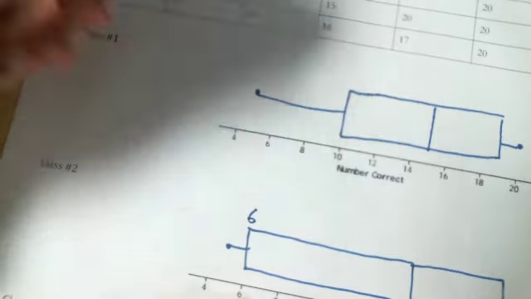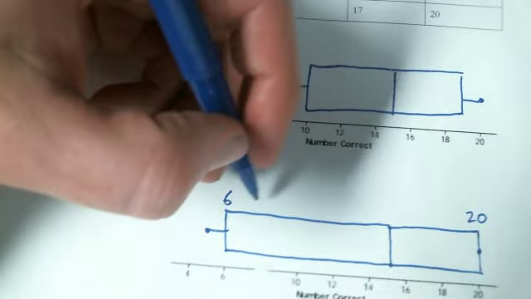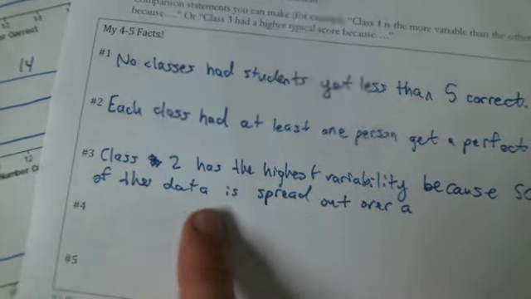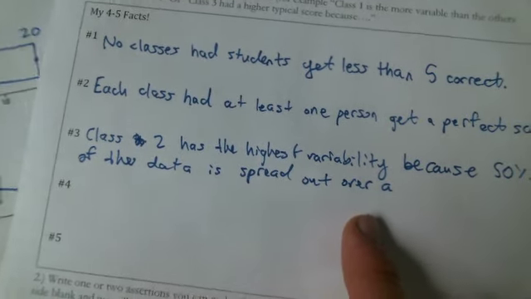It goes all the way from 6 up to 20. So it's a 14-point range. So class 2 has the highest variability because 50% of the data is spread out over a 14-point range.